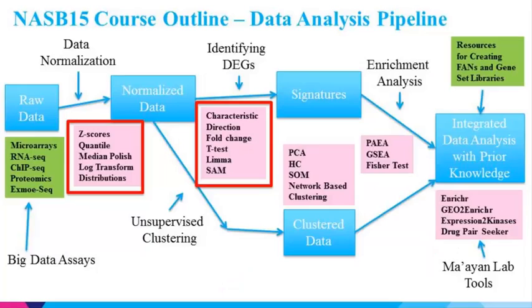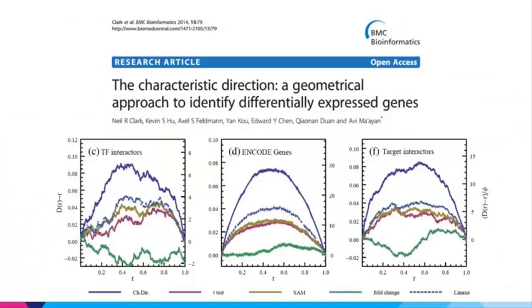In the second module, I first describe some methods of data normalization and data cleaning, which are prerequisite before we start data analysis. Then this module is dedicated to a new method that we developed in the lab called the characteristic direction.